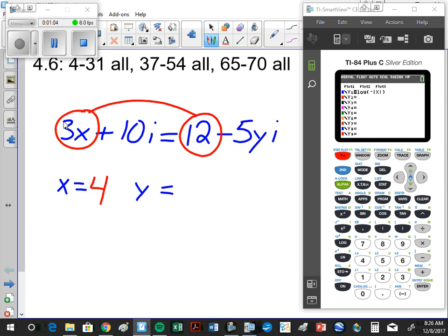And likewise, this is equal to this. So negative 5 times y times i is equal to 10i. The only number that works is y equals negative 2. Does that make sense? And some of them were a little bit harder.